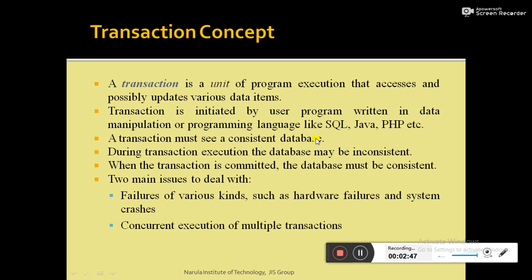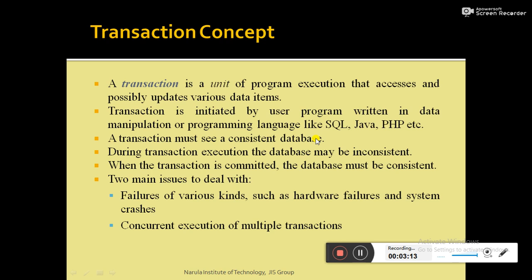Next, it deducts the 100 rupees from account A, and then the system again reads account B to check what amount account B has, and then it adds the 100 rupees to account B. That means in the back end, within the database, multiple operations are happening.